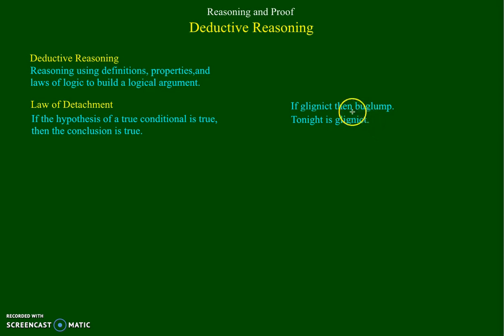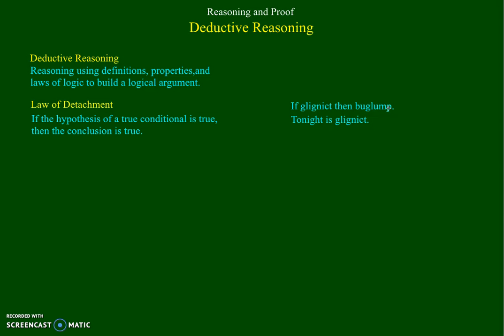We can conclude Buglump. Whatever that is, it doesn't matter what it is. We're looking at the form, not the substance of it. So whatever the hypothesis is, that has to be true. So this is telling us the hypothesis is true. Therefore, the conclusion must be true if the hypothesis is true of this true conditional. That is where the law of detachment applies.